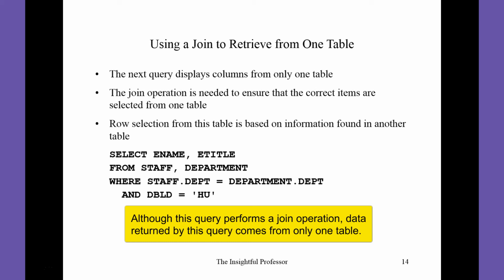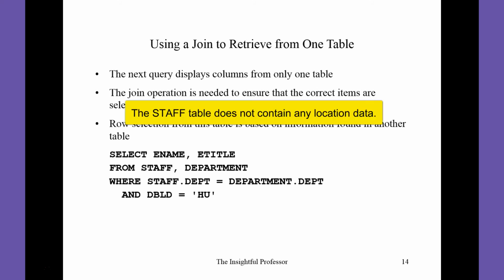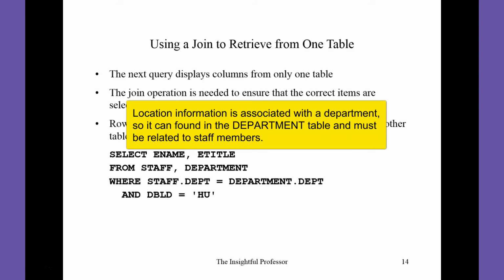So why are we doing a join? Well, it comes down to the filter condition here. If you remember the content of the staff table, it simply informs us as to which department a staff member has been employed by, but it says nothing about where the staff member might be located on campus. The location information is part of the information we record about the department.